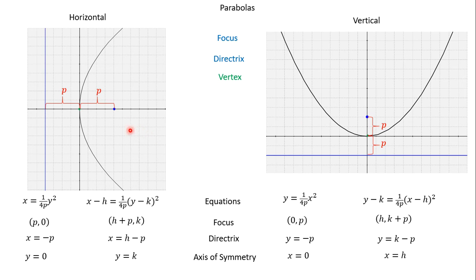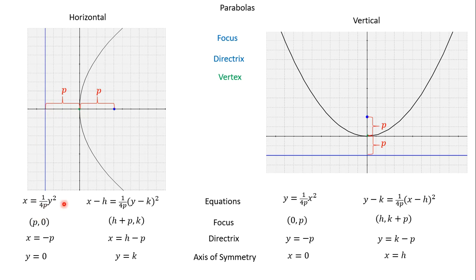They could also be negative. It could flip backwards and open to the left instead of opening to the right, or it could open down instead of opening upwards. And so what happens? Well, the p is just negative. If our focus was on this side of the vertex, the directional distance from the vertex to the focus would have been negative.